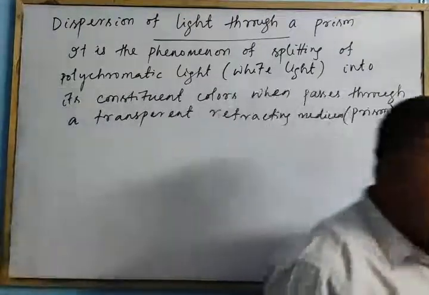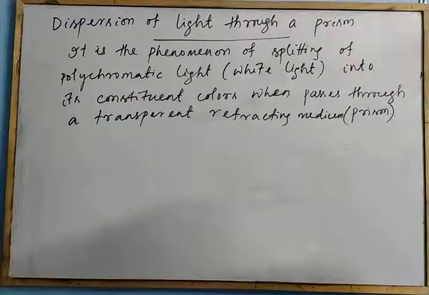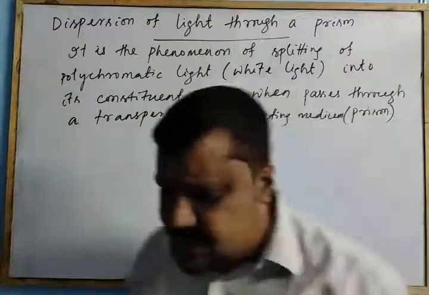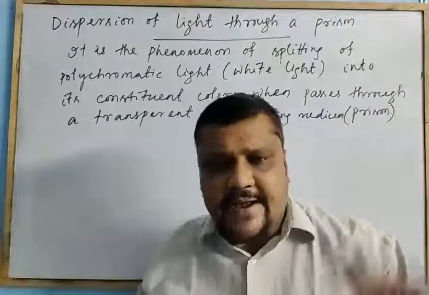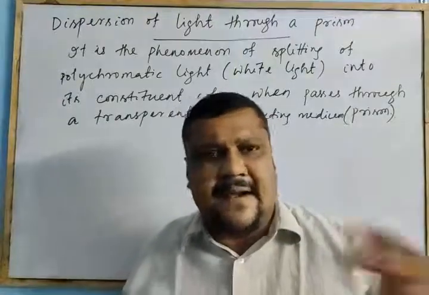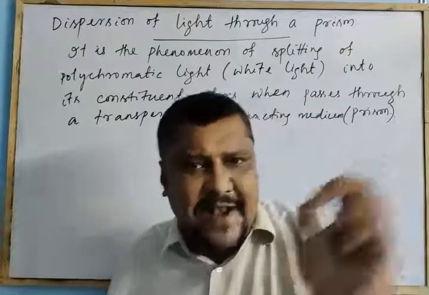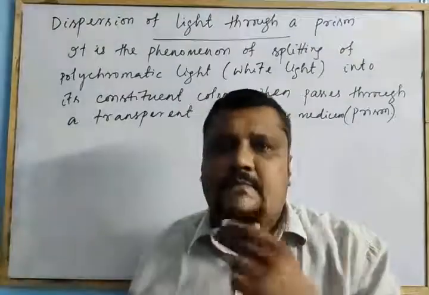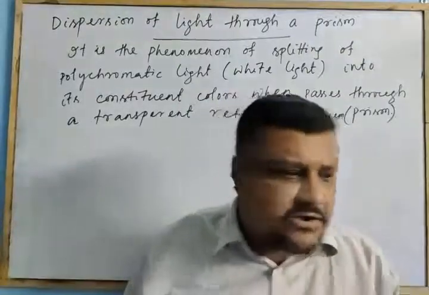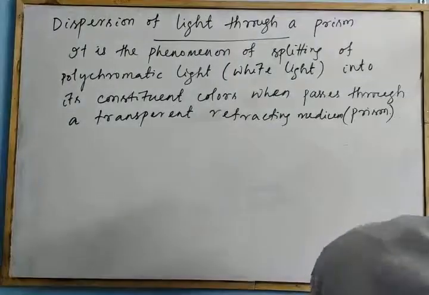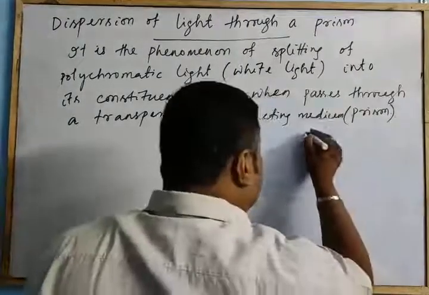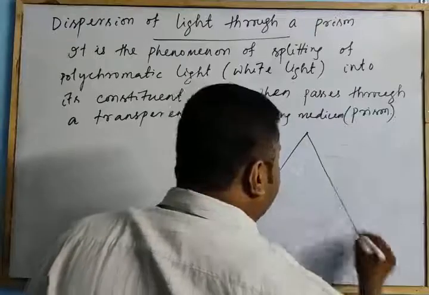Right? So what happens? If there is no prism, if you allow the white light, it consists of 7 colors, but the dispersion is not occurring. But when it passes through the prism, you will get the constituent colors. How can you show that? Let us consider this is the principal section of the prism.